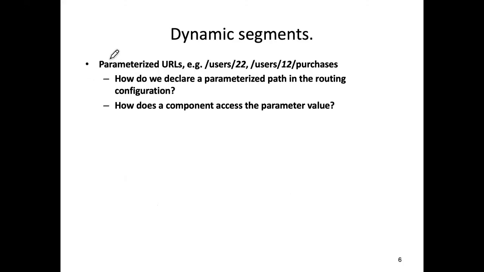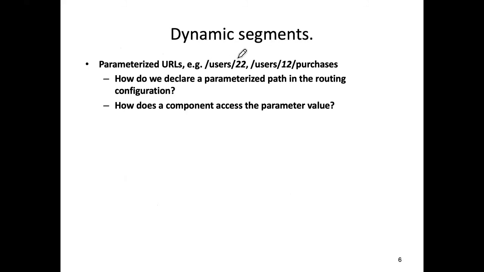Next is something that React Router calls dynamic segments, but a more meaningful name, hopefully anyway, is parameterized URLs. Let's suppose you want to have parameterized URLs as part of the set of URLs that your app supports.